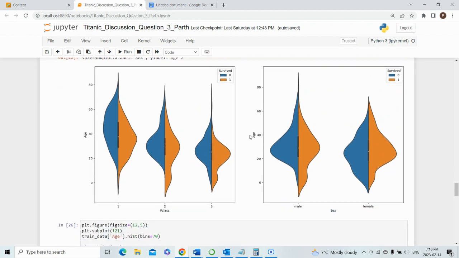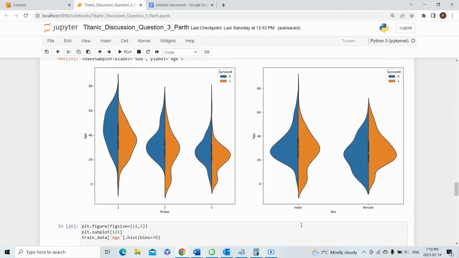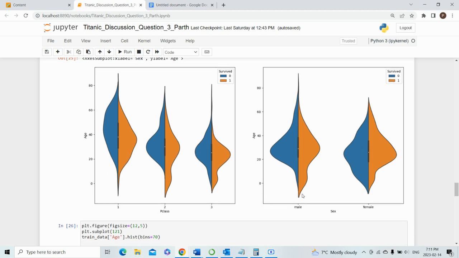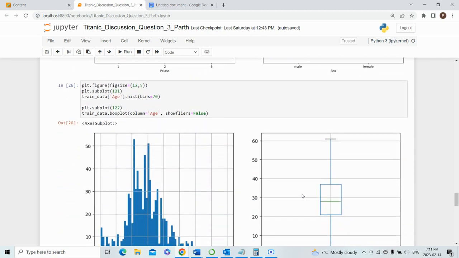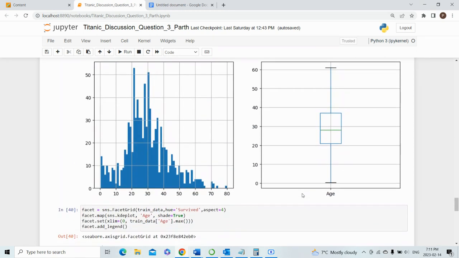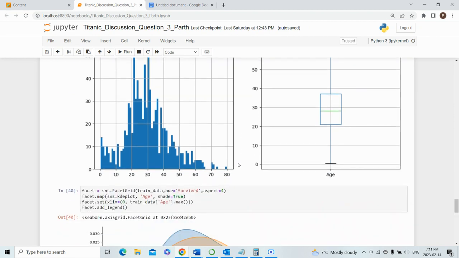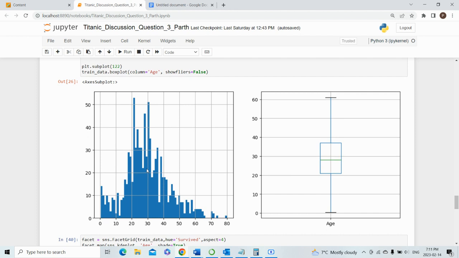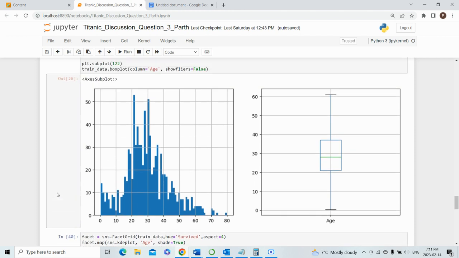One, two, three are the classes, and this is the age. Same for here: this is age, and this is gender over here. We have also shown the box plot according to the age and vice versa.